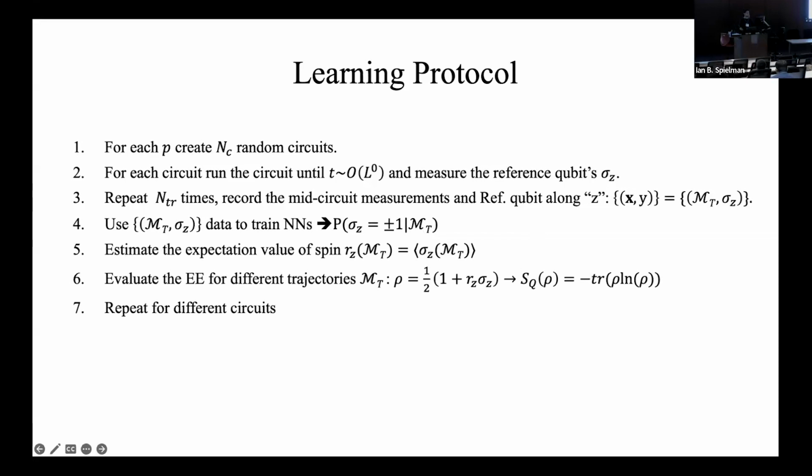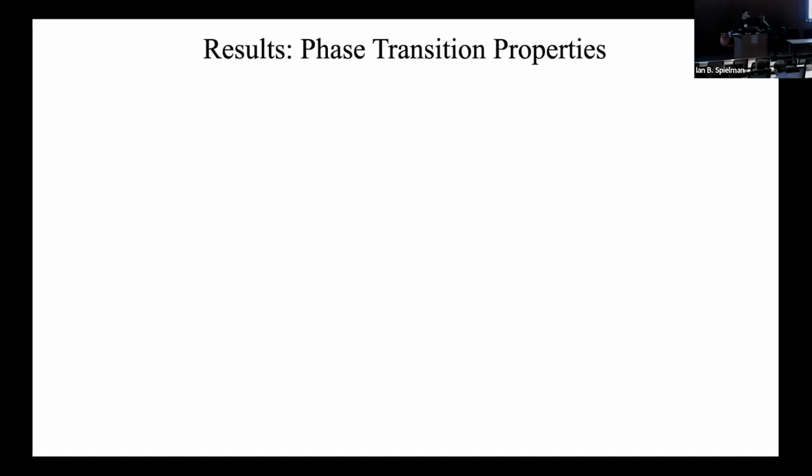We just need to repeat this for different circuits. Also, because we want to study the entanglement entropy as a function of time, we need to repeat this for different times. This time t goes from 0 to 6 time steps in our simulations.